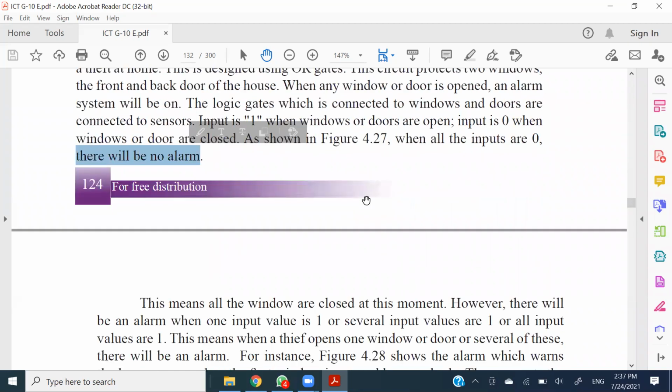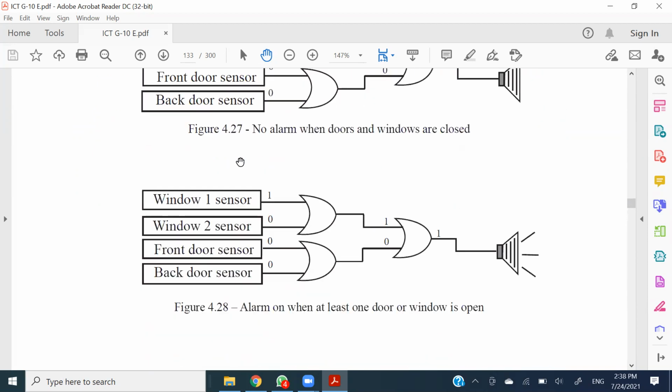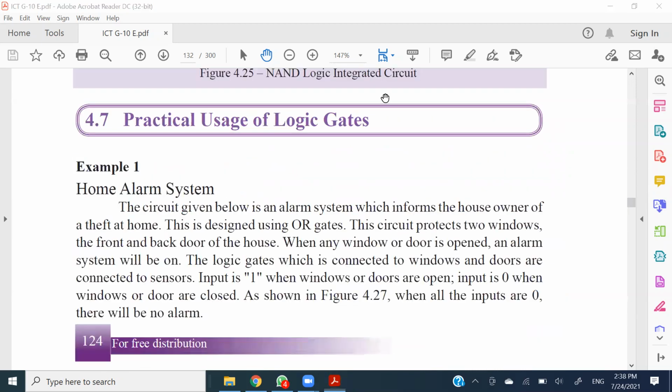And in the next page, the paragraph says, however, there will be an alarm when one input value is 1, or several input values are 1, or all input values are 1. And again, when it comes to the alarm, they haven't specified 1 and 0 here either.